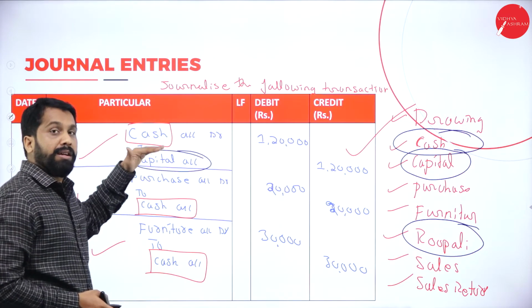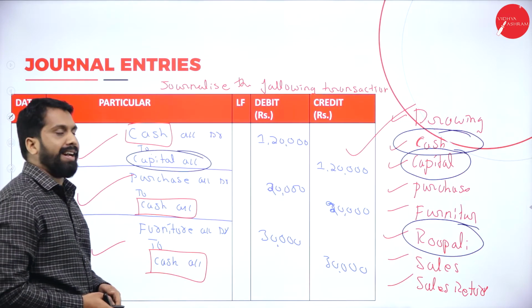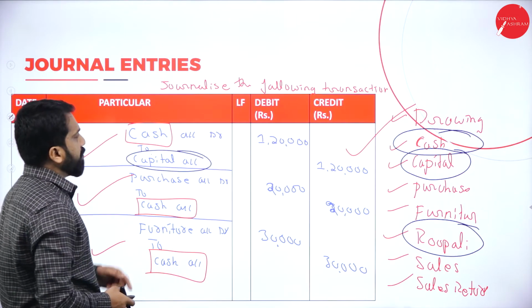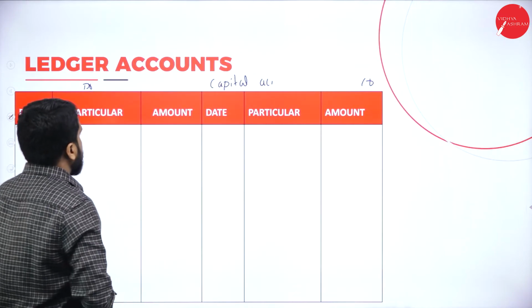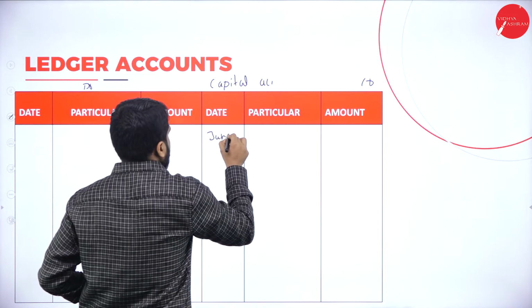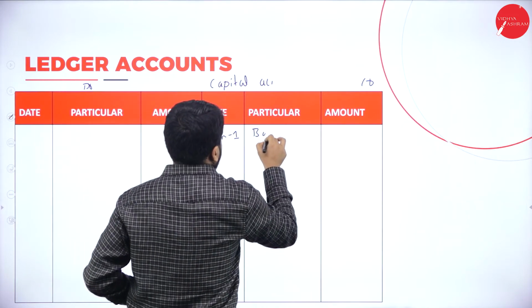Capital is up or down? Down. It must be by cash. What is the date? January 1st, 1,20,000. So it will be by capital, Jan 1st, by cash.